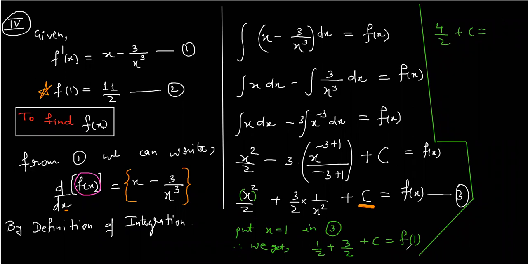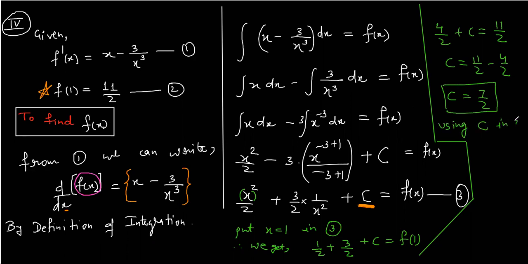See students, here I have f of 1 because I had put x as 1. So c equals 11 by 2 minus 4 by 2. So c equals 7 by 2. Once I got c, what will I do? I will use c in 3.